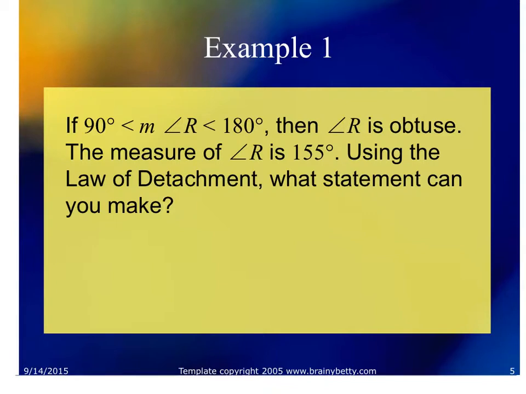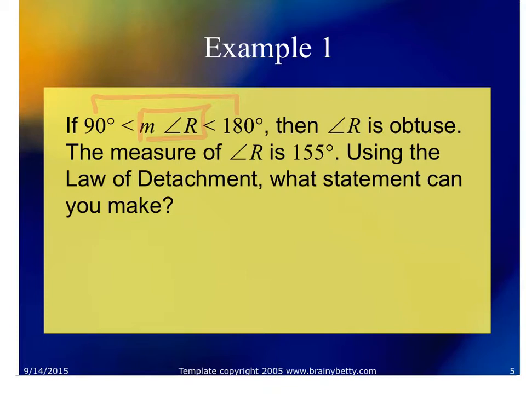If the measure of angle R is in between 90 and 180, then that tells me that R is obtuse. It's telling me the measure of angle R is 155. Again, the measure of angle R right here is an angle that's going to be between 90 and 180.